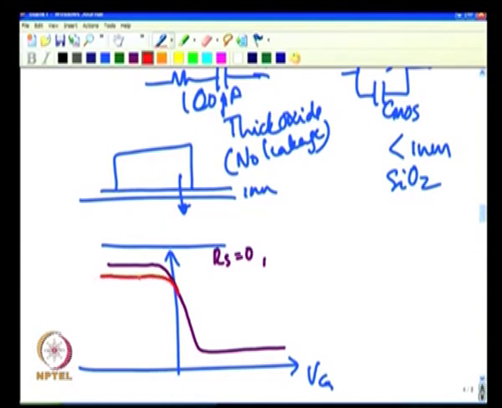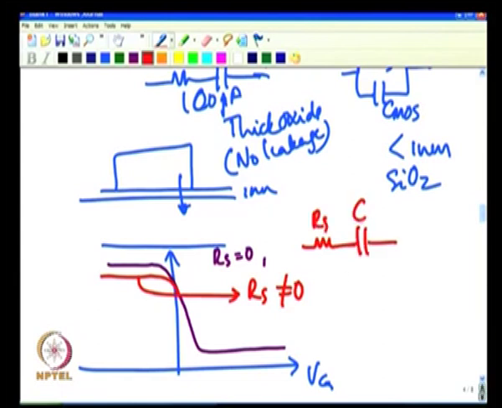That is, in reality this is RS non-zero, and this is your actual capacitance that you wanted to get, but by mistake you have told the equipment to use this model, where effectively it looks like this, and there is a parallel resistance, and my DUT is this.